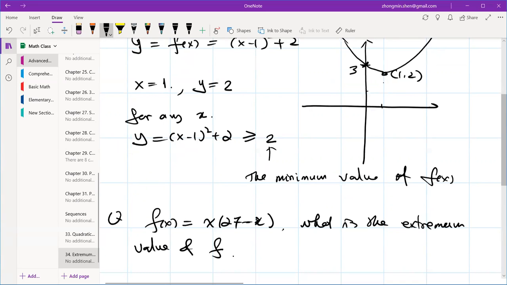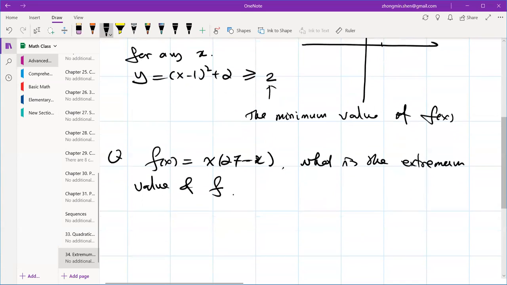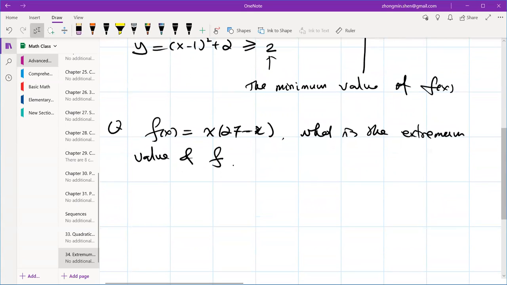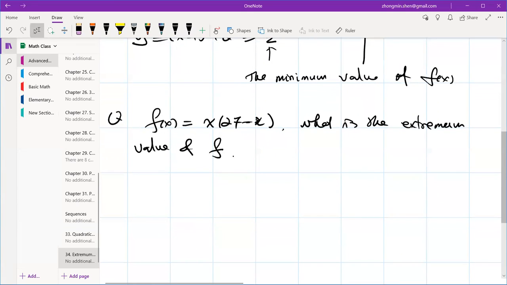What is the extreme value for this function? Okay. Now, how can I sketch the graph? Because if you multiply this out, the function is going to be negative x squared plus 27x. Okay.